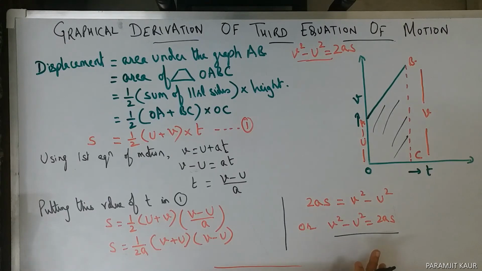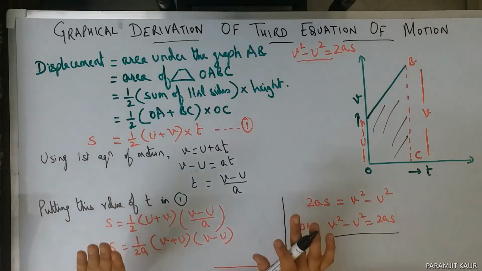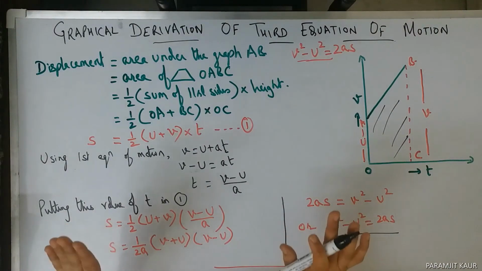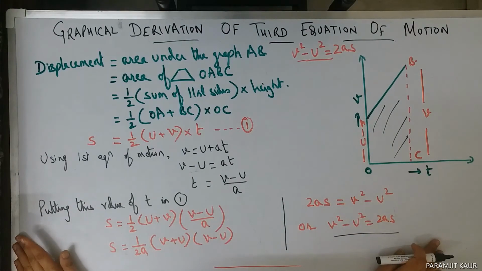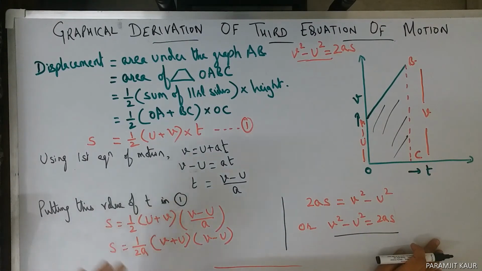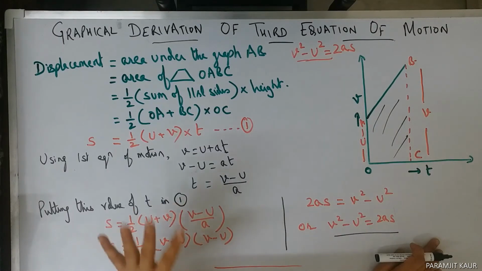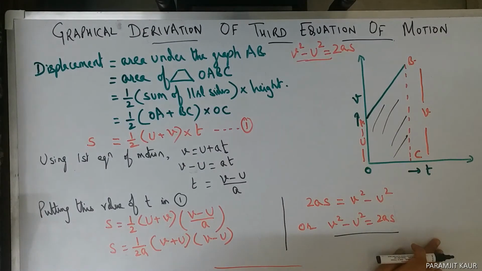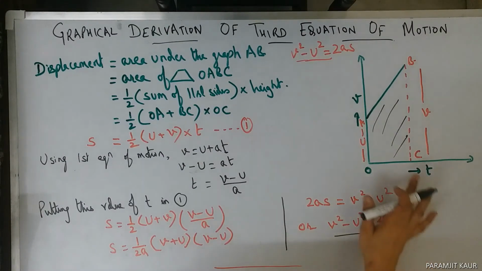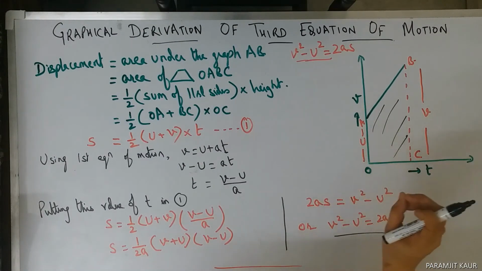I hope I have made clear to all of you the derivation of the third equation of motion. Remember one thing, you have done the derivation in class 9th for the first time. So when you do a derivation, there are three things. First is the introduction, wherein you write about the symbols that you are going to use in the derivation in a statement form.